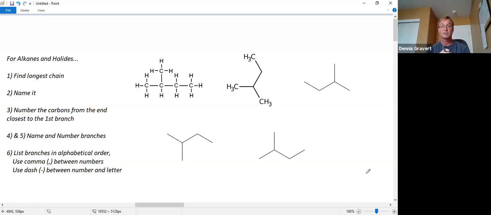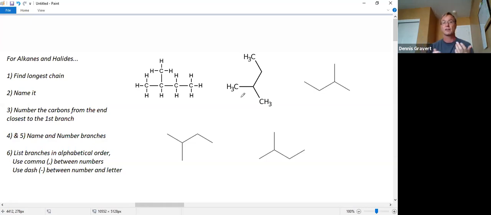The objective is that no matter who draws it, whether by a full structural drawing, a skeletal drawing, or a mixture of condensed and skeletal drawings, you decide how you want to draw it. But no matter how it's drawn, we have to come up with one unique name every time.